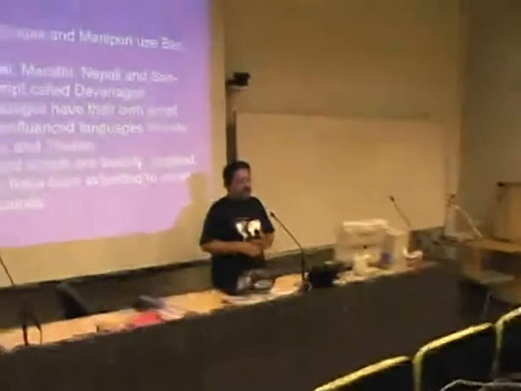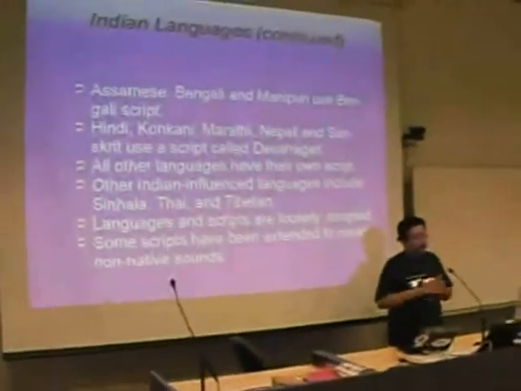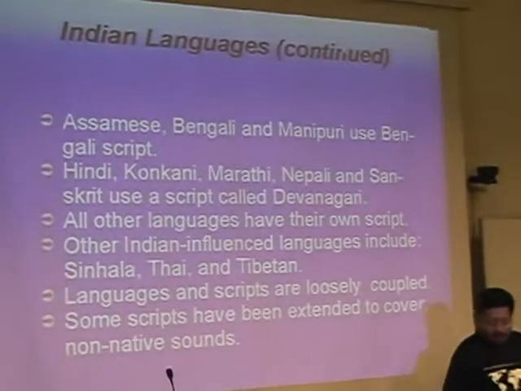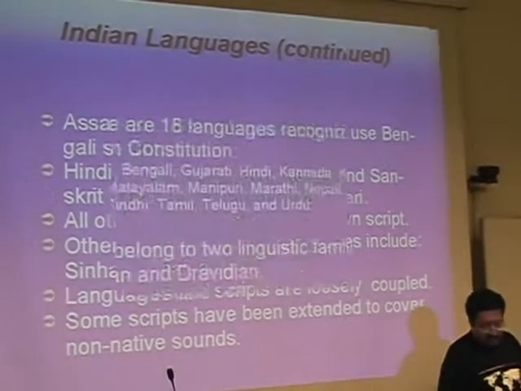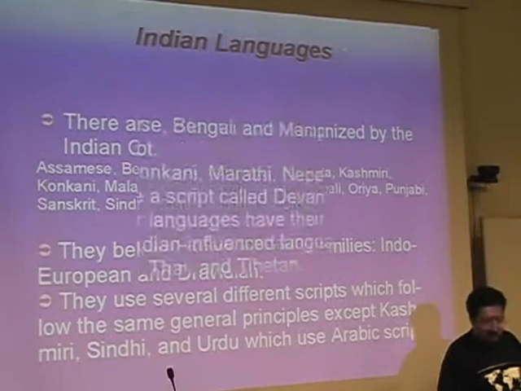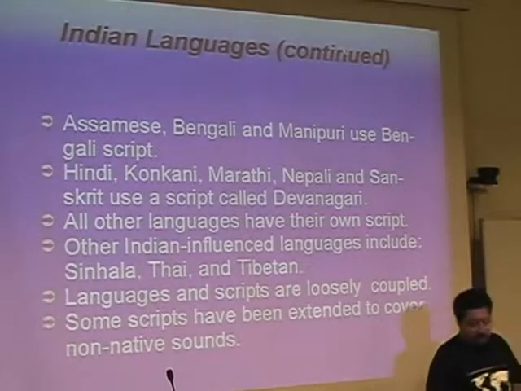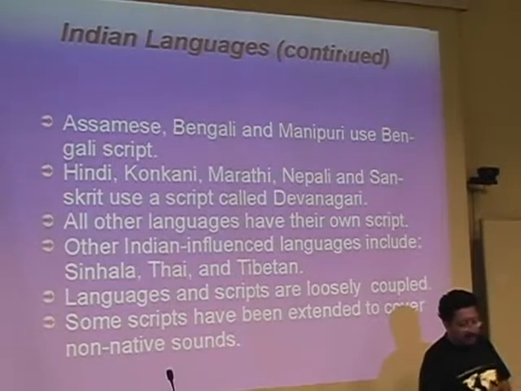So they're not really part of the Indian cultural sphere, even though they might be in the geographical region of India. But most of the Indian scripts are related, whether they're from North Indian or South Indian languages. And of the languages in this list over here, Assamese, Bengali, and Manipuri use the Bengali script. They use the same script.